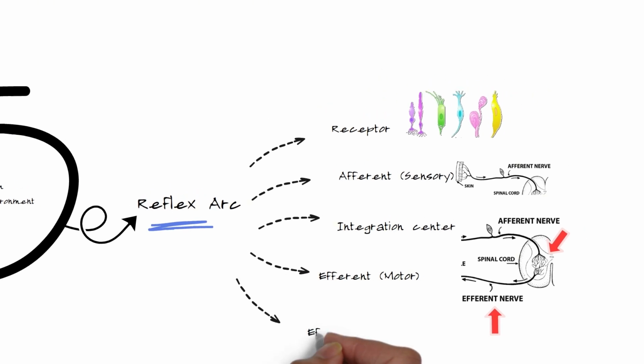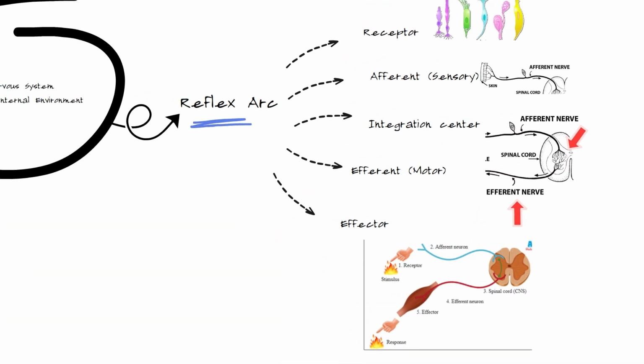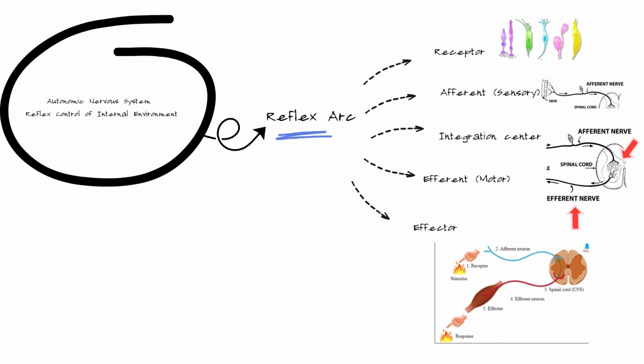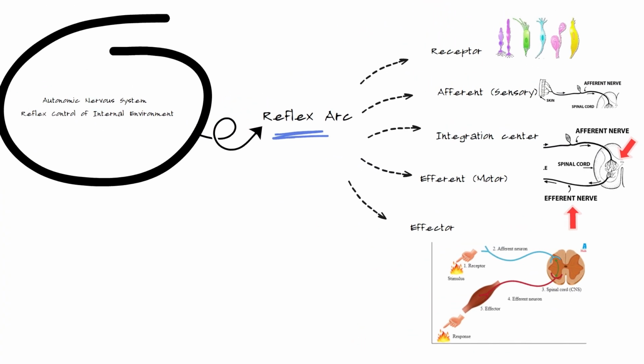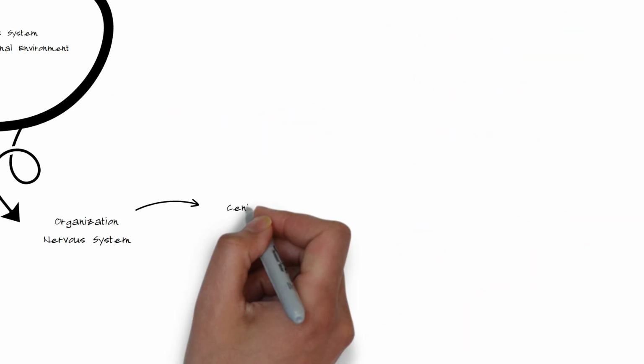Let's talk about the pain reflex arc. First, we have touch. If you touch a heat, the pain receptors are stimulated, the signal travels through the afferent, the spinal cord integrates, the efferent sends the command, and the flexor muscle contracts to withdraw your hand.